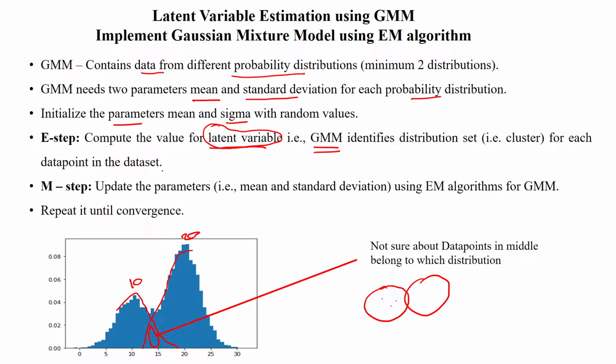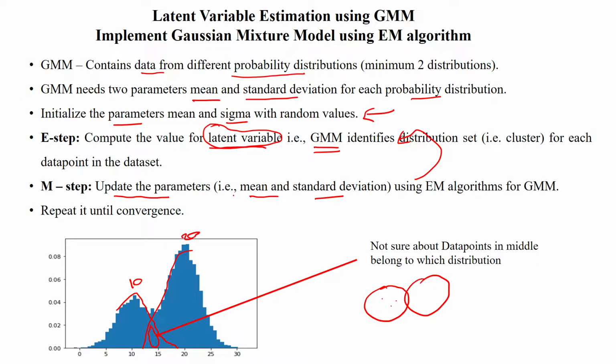Once we identify the clusters, in the maximization step we update these parameters. Initially we assigned random numbers, so we want to get optimized parameters to improve the performance of our model. After updating, we again have to compute the clusters with the new parameters, and again update the parameters in the second iteration.